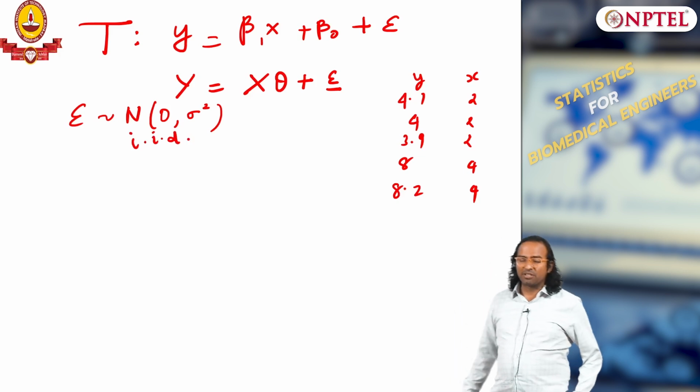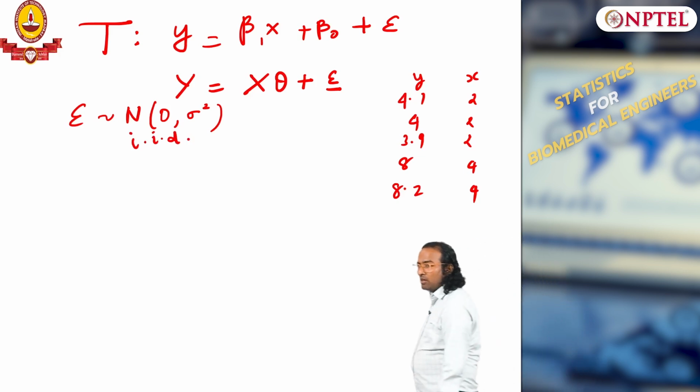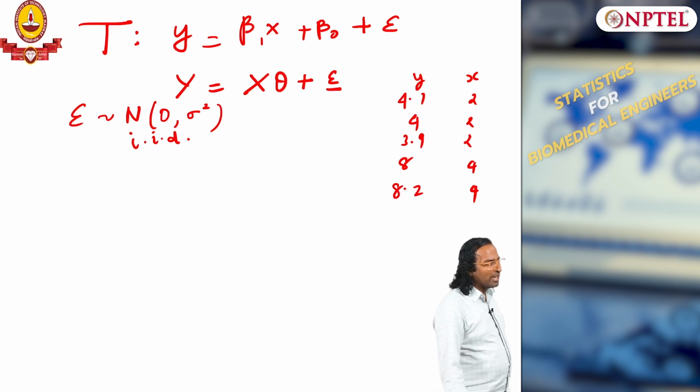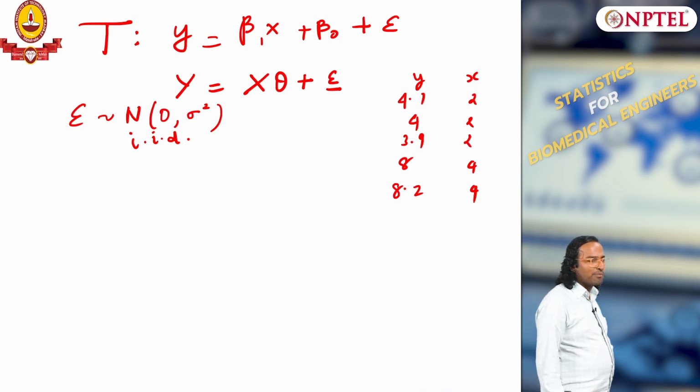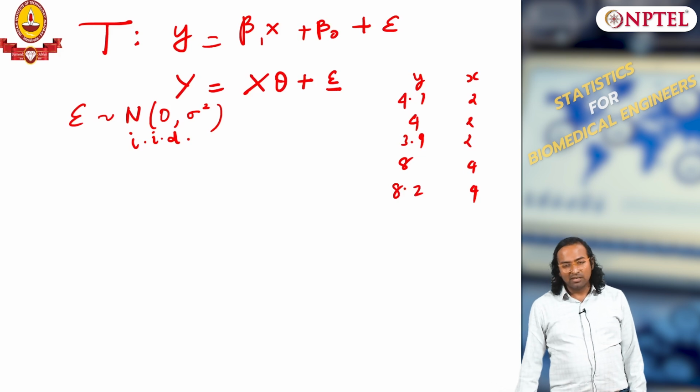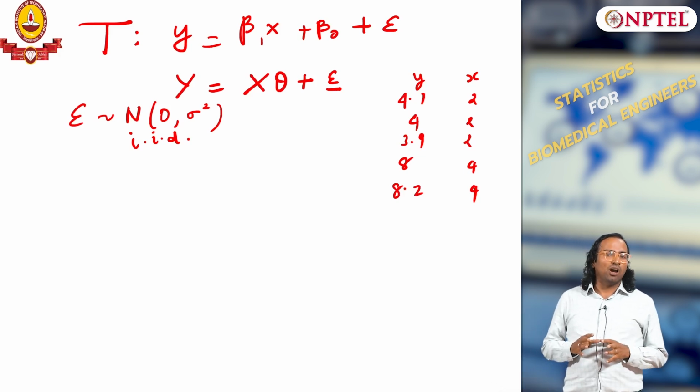This is the usual assumption we made even in ANOVA. So, this is the same assumption we are making: the noise is Gaussian distributed with mean 0 and variance sigma squared, and they are IID, that is, they are all independent.